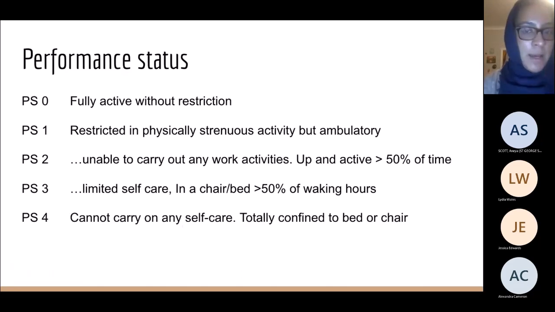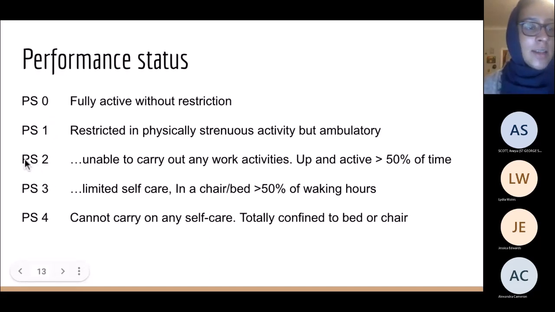And so what we say with this is that in general, if you're at 0 or 1 performance status, then we tend to say that these individuals can tolerate therapies or surgery, because there's only some minor restriction in physical activity, but in general they're ambulatory and they can walk around.